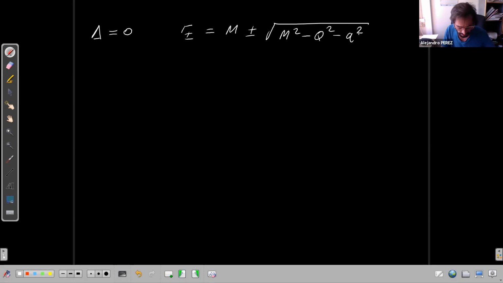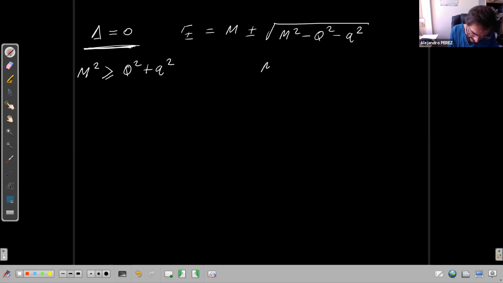That was a quadratic polynomial, delta, on the previous page. And these are the solutions, which of course exist only if M squared is greater than or equal to Q squared plus a squared. When M squared is less than Q squared plus a squared, there is no black hole.